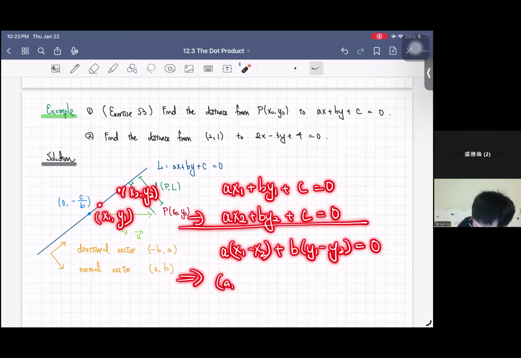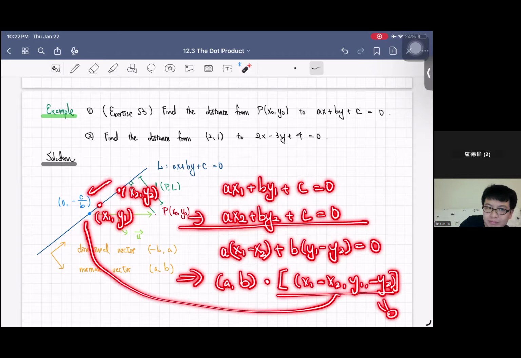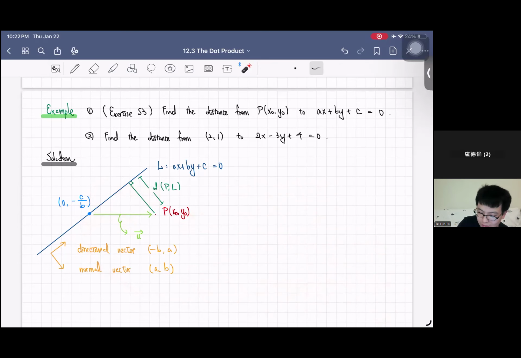That is (a, b) taking the dot product with (x1 minus x2, y1 minus y2), right? Now, what is this vector? It is actually this direction, so that is a directional vector of the line. It is parallel to the direction of the line, right? So what happens when this thing taking the dot product with this guy is 0? That means that (a, b) is the normal vector, right? That's what we are given here.